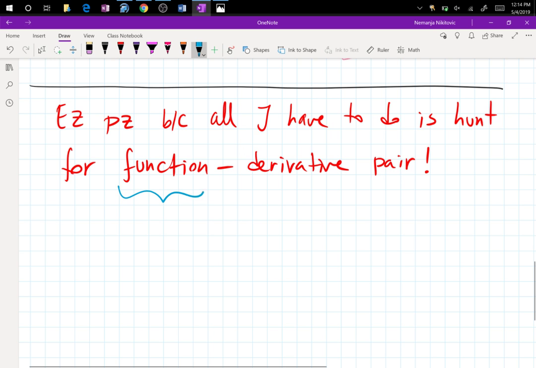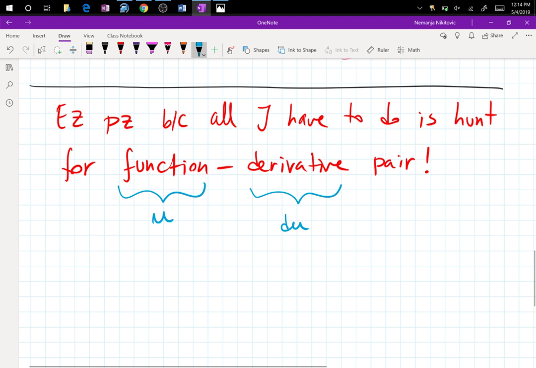Function is going to be my u, and this will be du. Awesome. Done. Every problem done like that.